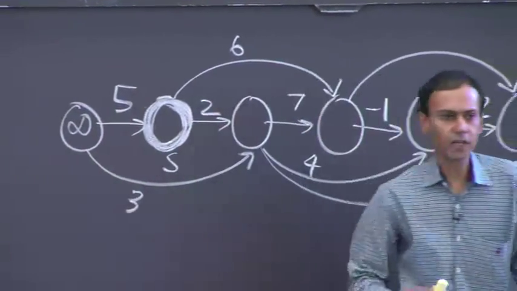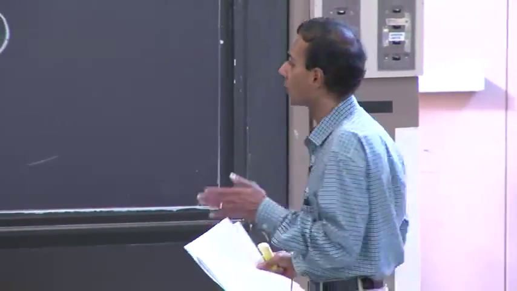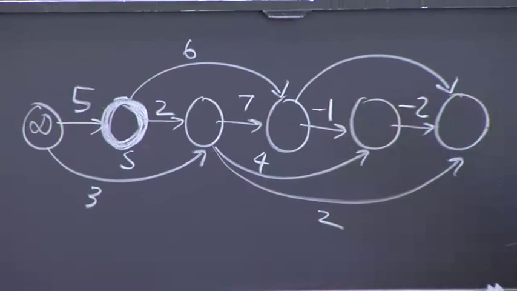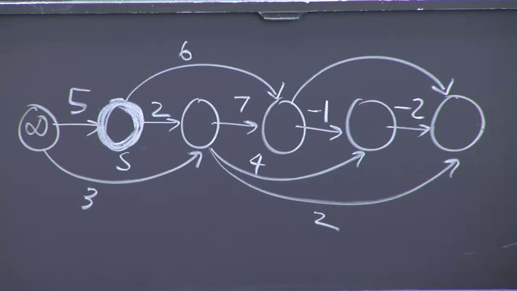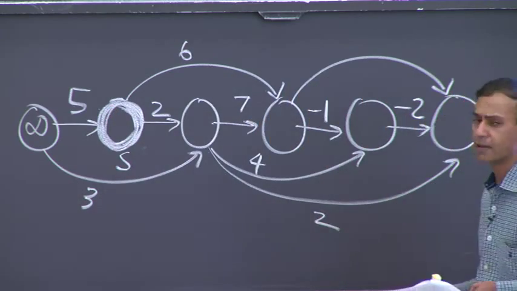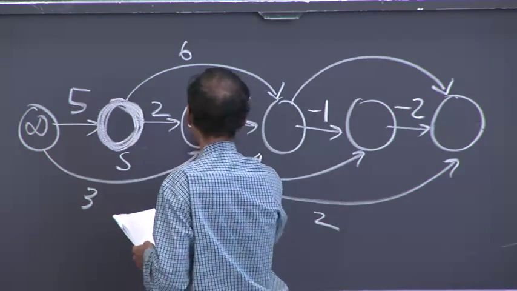Okay? And now I've got to do some work on relaxation, and I'm not going to get the shortest path instantly for a particular vertex once I get to it, because there may be better ways of getting there, and especially if I have negative edges, then it's certainly possible that a longer length path is going to be the shortest path. But what I'll do is take S, and I'm going to relax edges that emanate from S, and so in step 1, all of these are going to be infinity to start with.